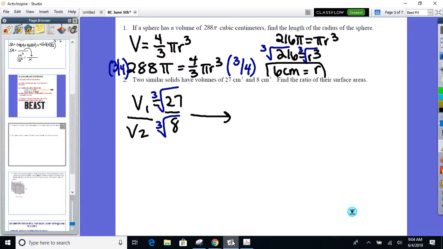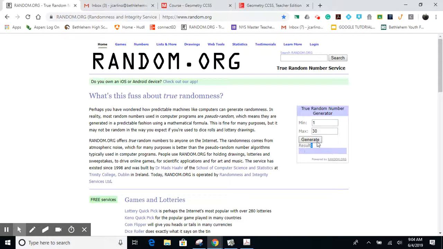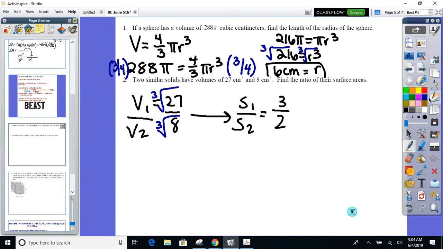In this case, ratio of their heights, widths, lengths, slant heights, whatever the figure might be. And that'll be what? 3 over 2. And then how do you want to get to surface area from here? How do you want to get to surface area again? Thanks, Orion.